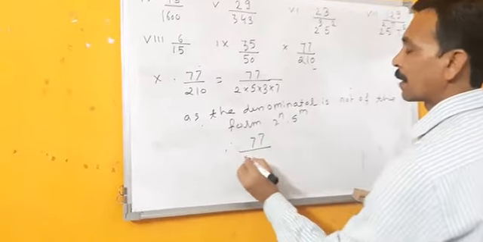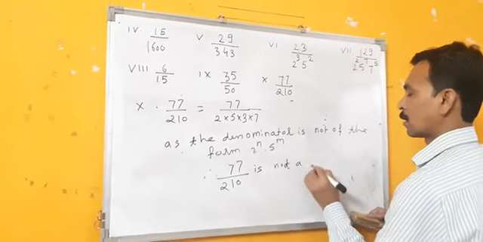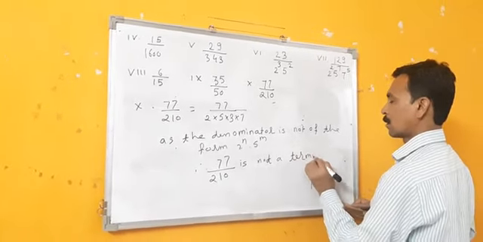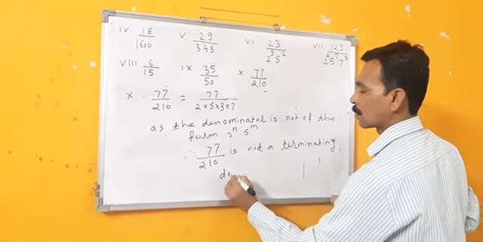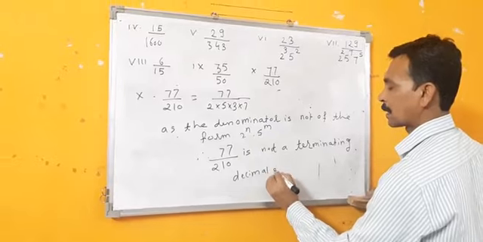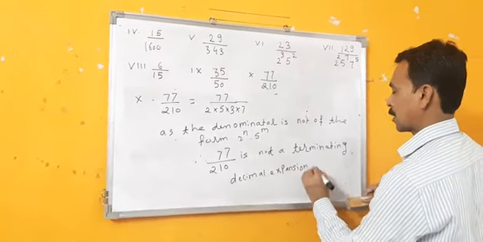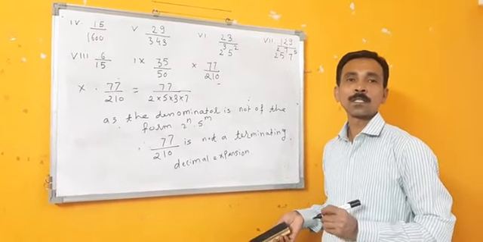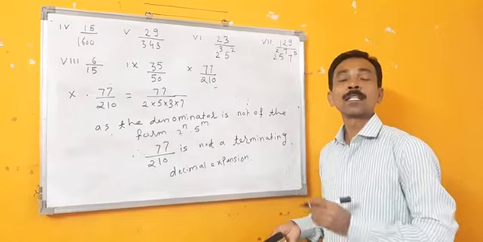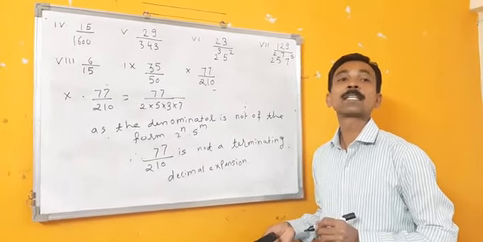Therefore 77 upon 210 is not a terminating decimal expansion. So here all the 10 sums have got over in the first question. So this is the way, okay, to check whether the fraction is a terminating decimal expansion or not. We'll see the second question, okay.